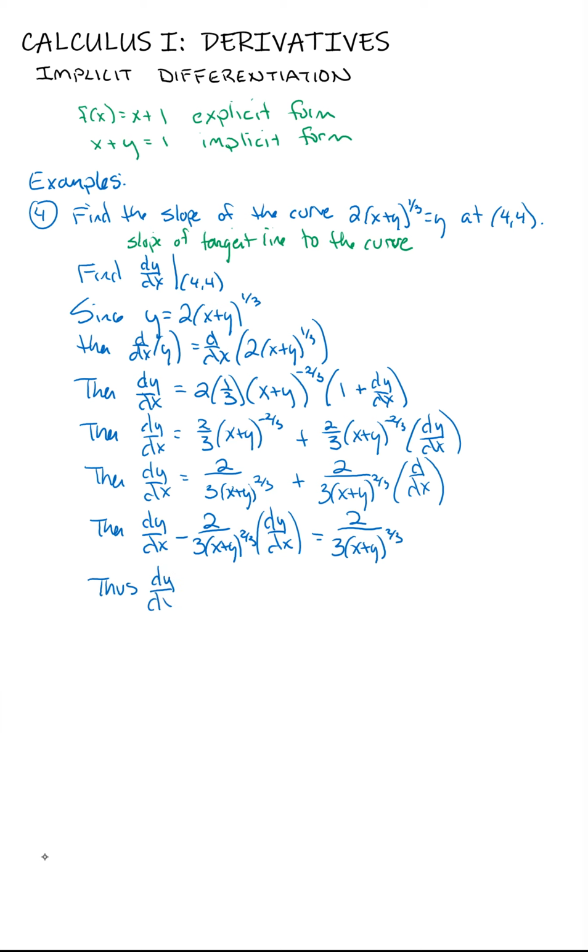That gives us dy/dx times 1 minus 2/3 times (x plus y) to the 2/3, still equal to 2 over 3 times (x plus y) to the 2/3. Now if we isolate that dy/dx, that means we'll divide by 1 minus 2 over 3 times (x plus y) to the 2/3.